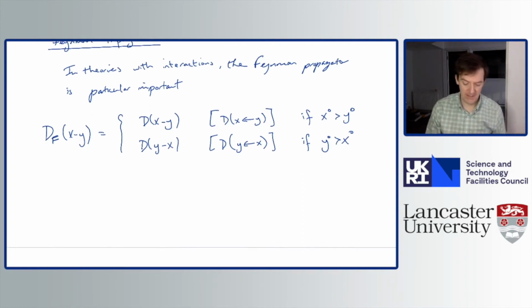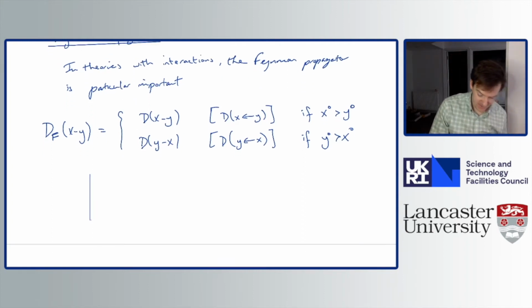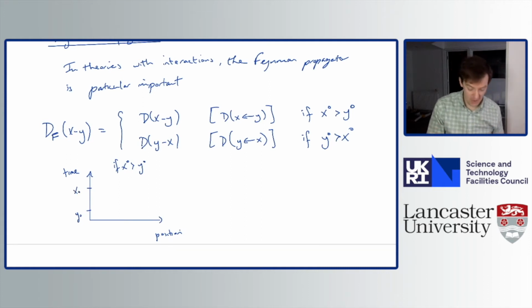Okay, so let's just draw what this means. If we think about position and time on one axis, so if x0 is greater than y0, this means that y0 occurs earlier. So I've got a position y and a position x. It means I start at the position y, and then I'm going to propagate to the position x. That's if x0 is greater than y0.